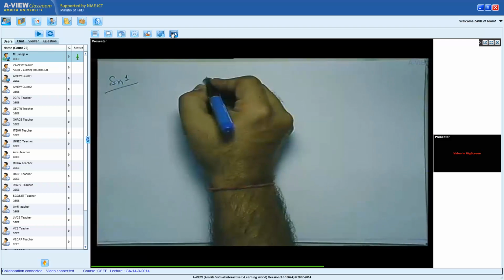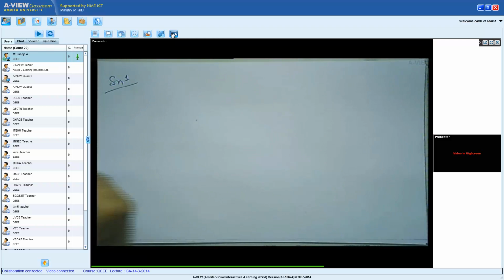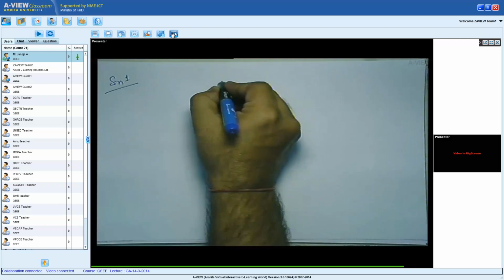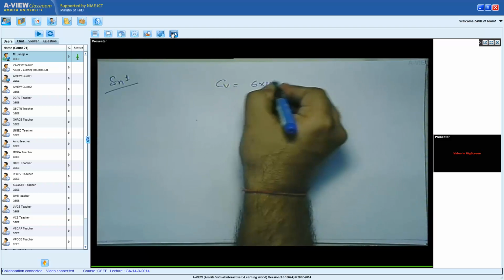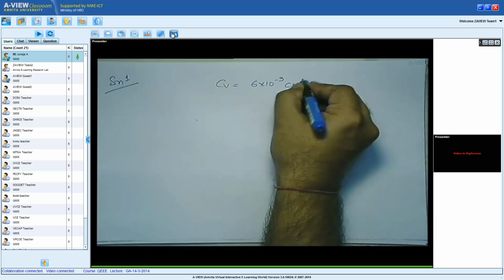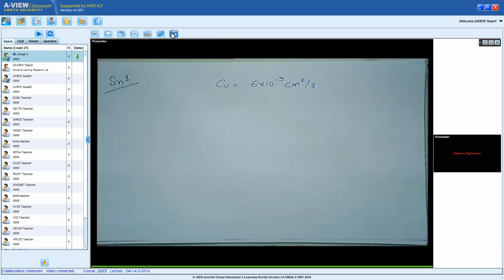So in this case, CV is given as 6 into 10 to the power minus 3 centimeters square per second. That's the value of CV.